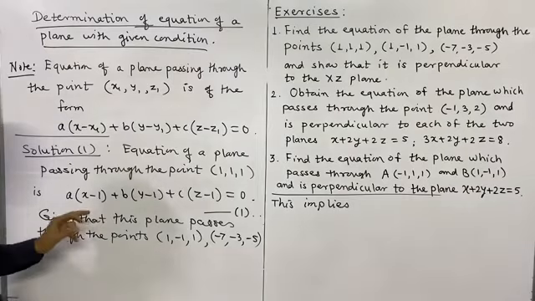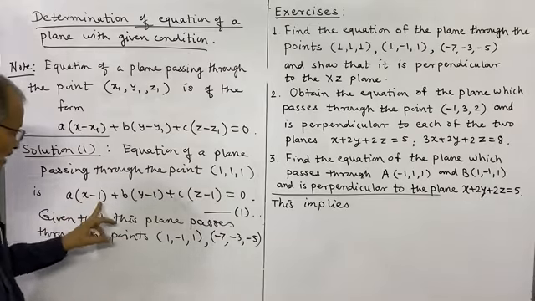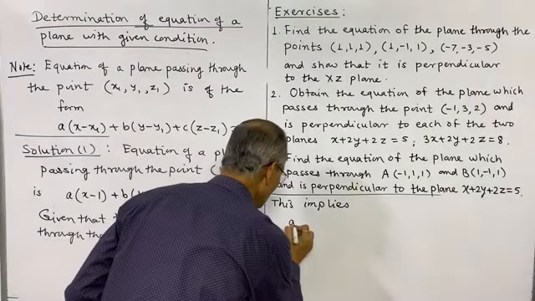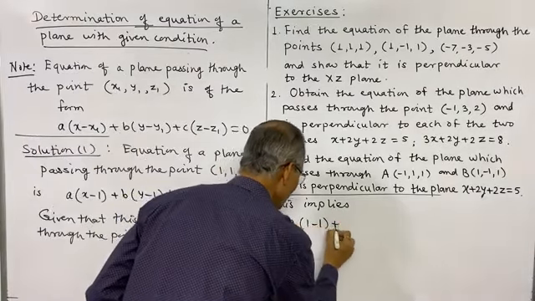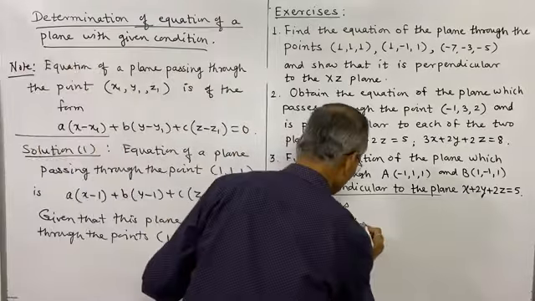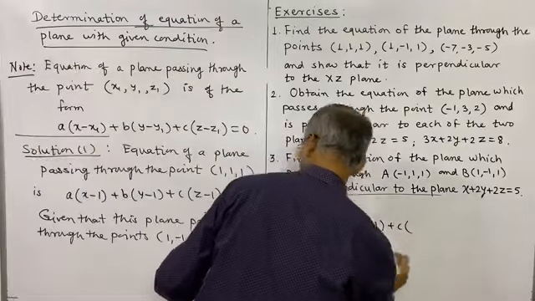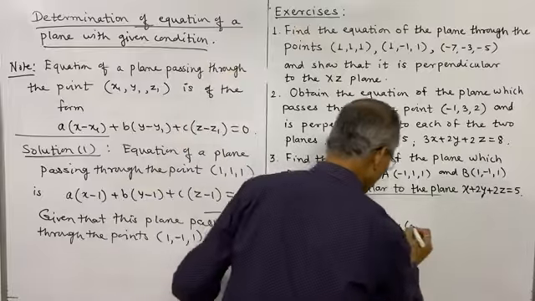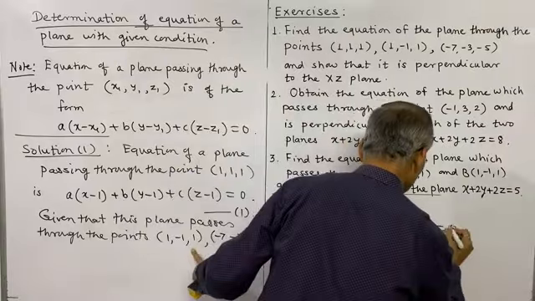And using that result, what we shall get? a into 1 minus 1 plus b into, what is y, is minus 1 minus 1, and plus c into z minus 1, that is 1 minus 1, is equal to 0.